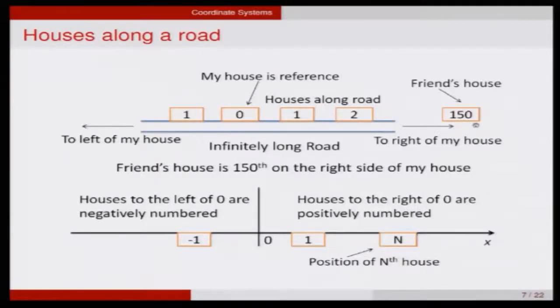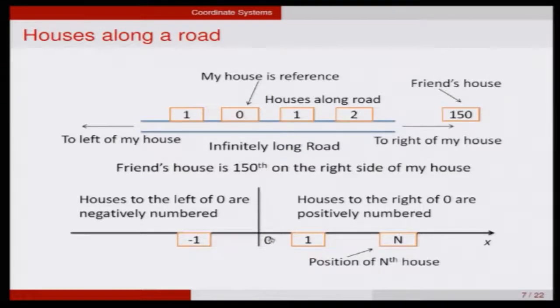Now, we can mathematically represent them, that is, we can convert this housing analogy to a coordinate system by drawing a line, and we label this line as the x axis and we call this point, say my house, the reference house with the number 0. So, I associate my house with 0 and then I start numbering all the other houses.